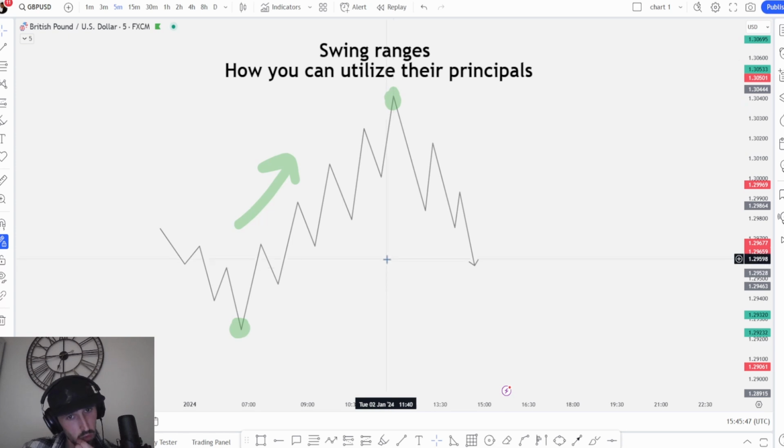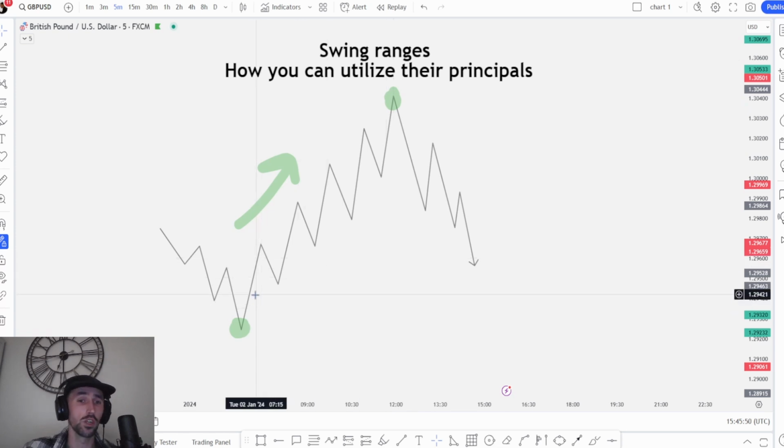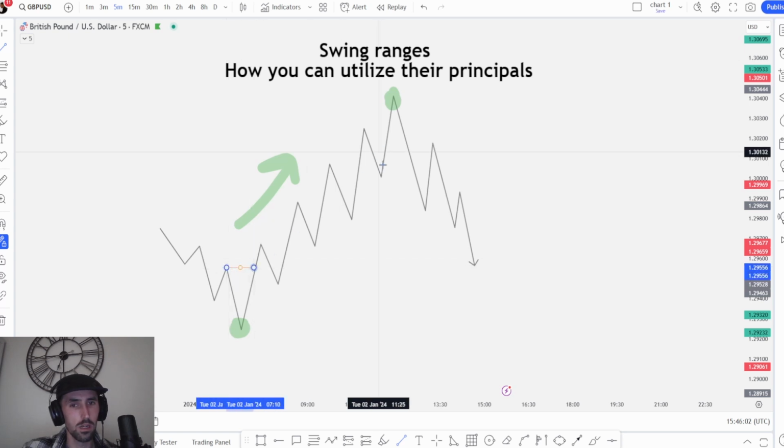Now, generally, we will look to locate an area of precision to enter. So this is going to be an extreme order block or a liquid low or something along those lines. The first thing we need to do is obviously establish where our range parameters go to and from. And we can do this by locating where the counter breaks are within the 5-minute order flow.